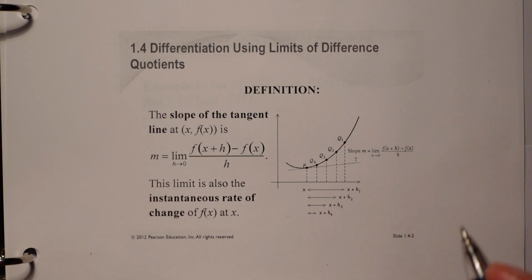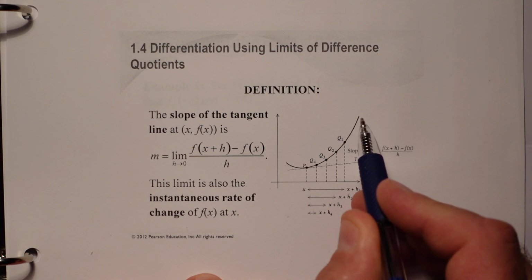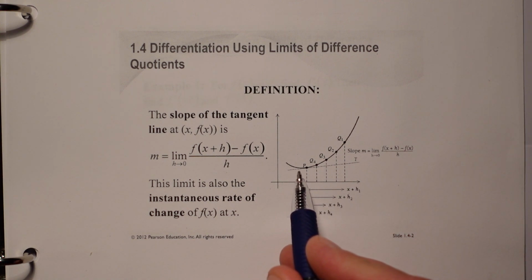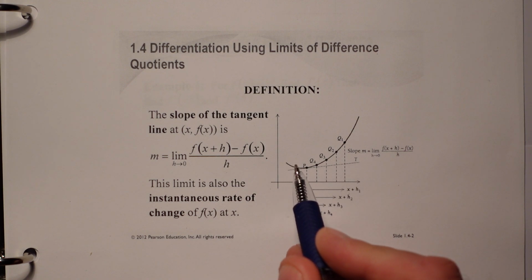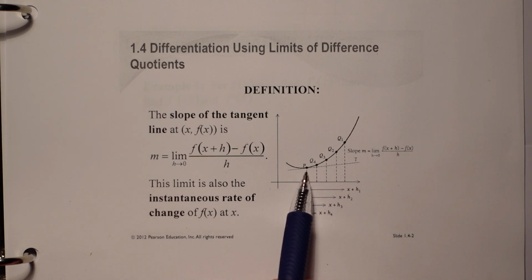So here's what's crucial to understand. If the original function is represented by this curve, and I'm focusing on this one point P, the slope of the tangent line and the slope of the function are exactly the same at that specific point.